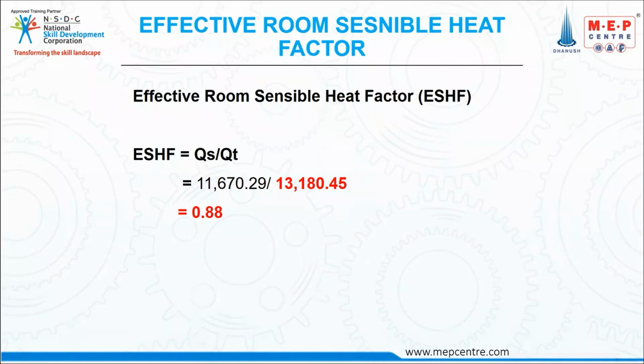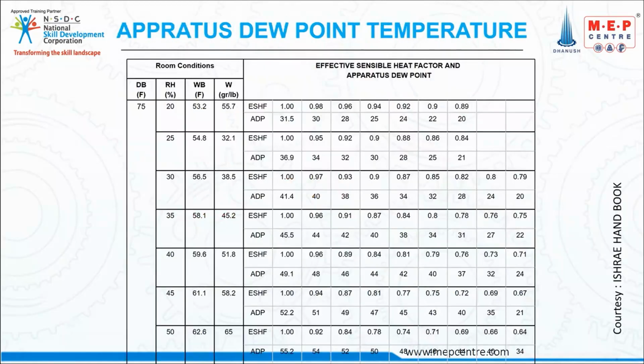For the AHU and FCU we have to supply chilled water, right? What the temperature of that chilled water should be, that temperature is called the apparatus dew point temperature.